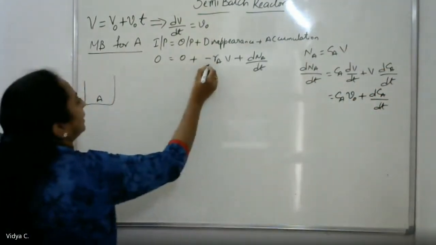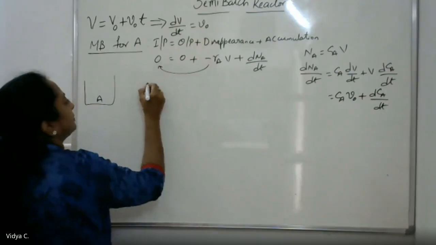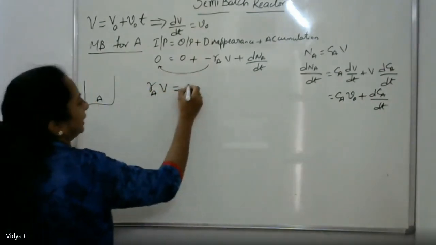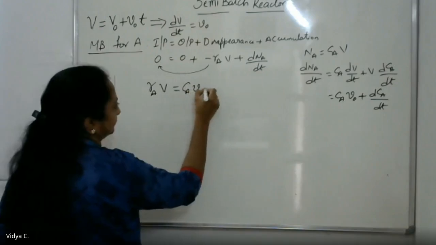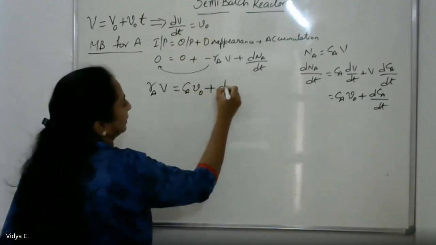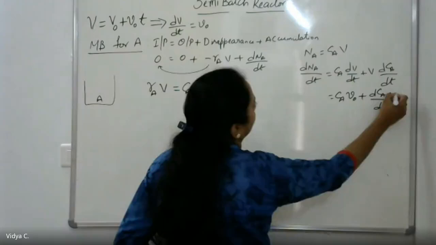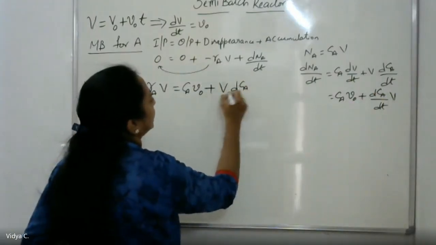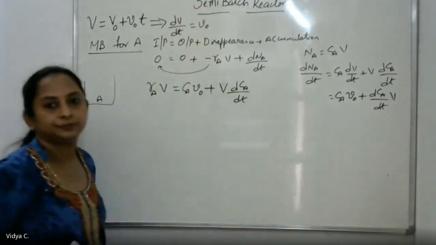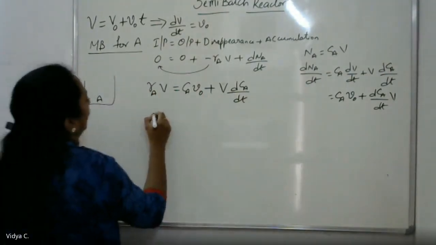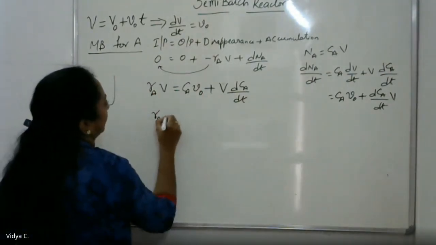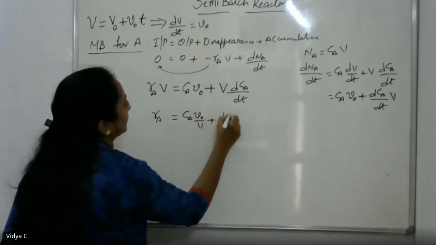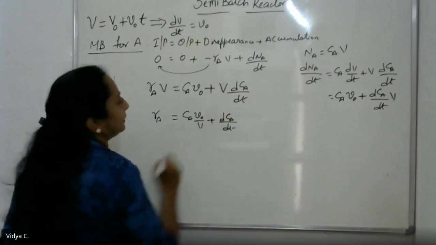Now this RA, let me take this to LHS and it becomes plus RA. RA into V is equal to dNA by dt, which can be written as CA into V naught plus V into dCA by dt, or RA can be written as CA into V naught by V plus dCA by dt.